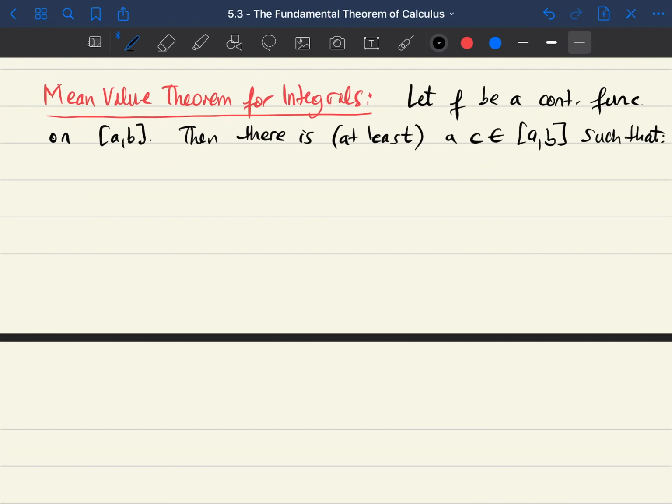The value of the function at c is equal to the average value of the function, which is 1 over the length of the interval, b minus a, times the integral from a to b of the function f dx.